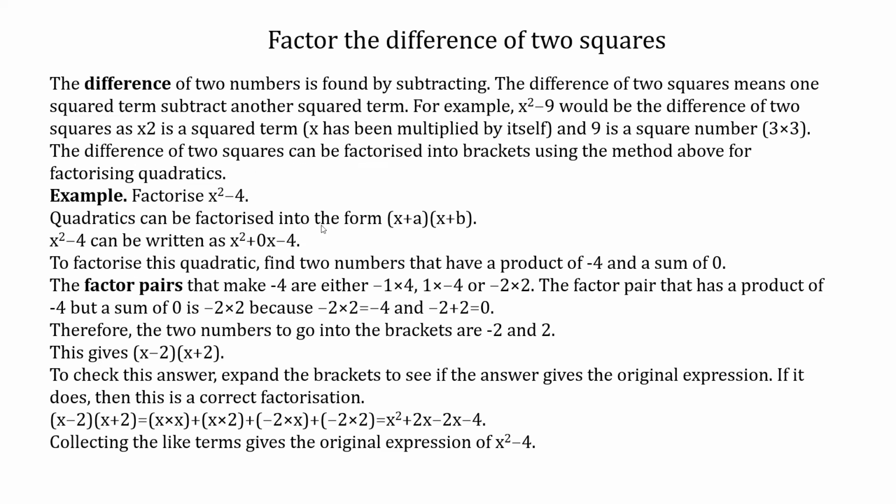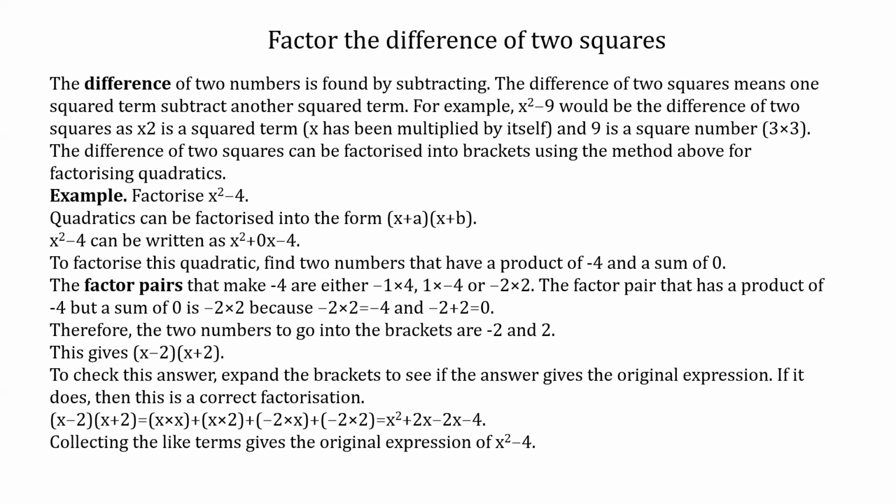Quadratics can be factorized into the form x plus a times x plus b. x squared minus 4 can be written in this form. So, to factorize this quadratic expression, find two numbers that have a product of -4 and a sum of 0.